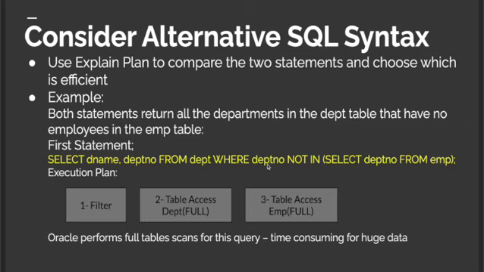In the select statement, you can see the where clause mentions department number not in select department number from employee. So we are using NOT IN here. Oracle performs a full table scan for this query, which is definitely time consuming for huge data.